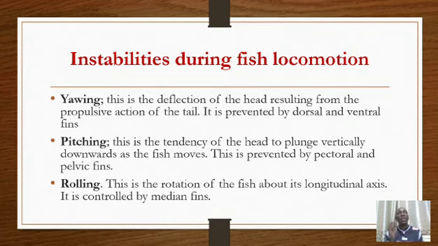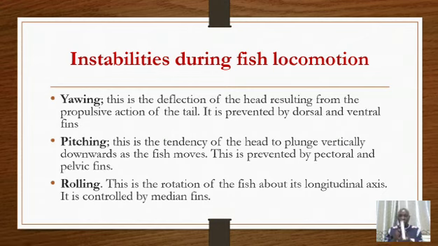Now, let's begin by looking at yawing. When we talk of yawing, as fish is swimming within the water, we may have this head being deflected. So yawing is the deflection of the head due to the action of the tail. What do we mean?